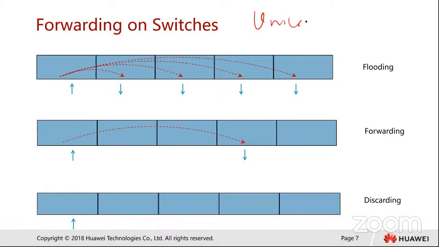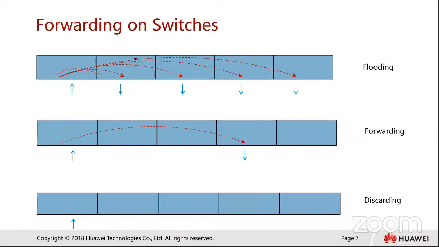So what is going to happen when it receives a unicast? Unicast means that we already know this packet is going to a specific host. We know its MAC address. When it receives a packet and checks through its CAM table and it cannot find that record, that mapping of the port interface with the MAC address, it will go ahead and flood.